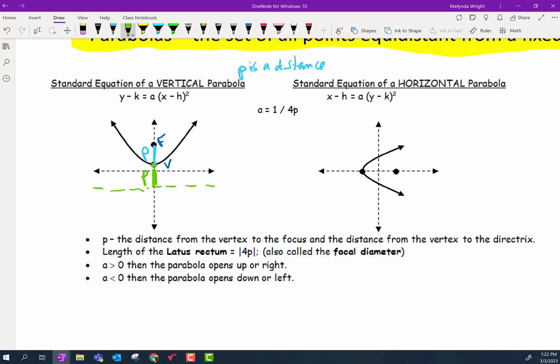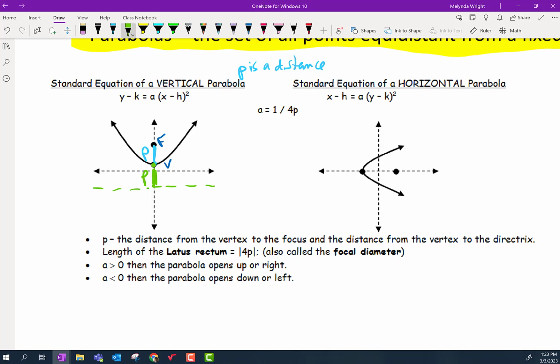So that's important. What is a directrix? Students always ask me, why do we have that silly dotted line there? What is it? I actually like to think of it as a balancing tool. I don't know what you would like. It's equidistant. So the focus and the directrix are equally distanced from the vertex. They're the same size.